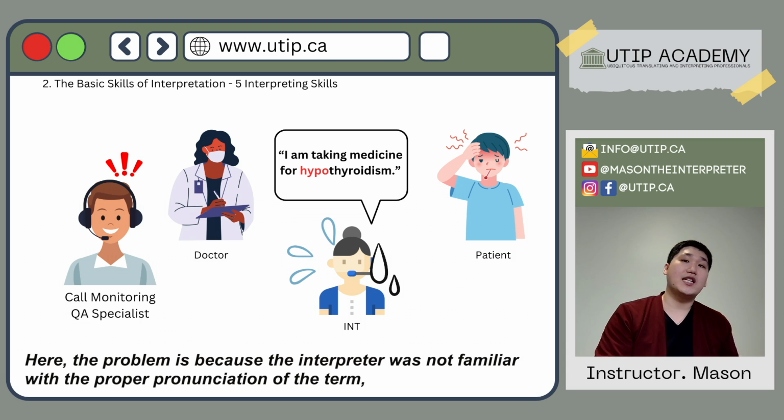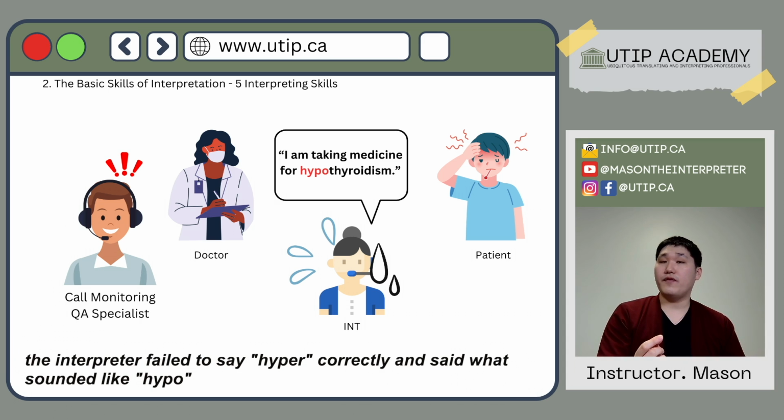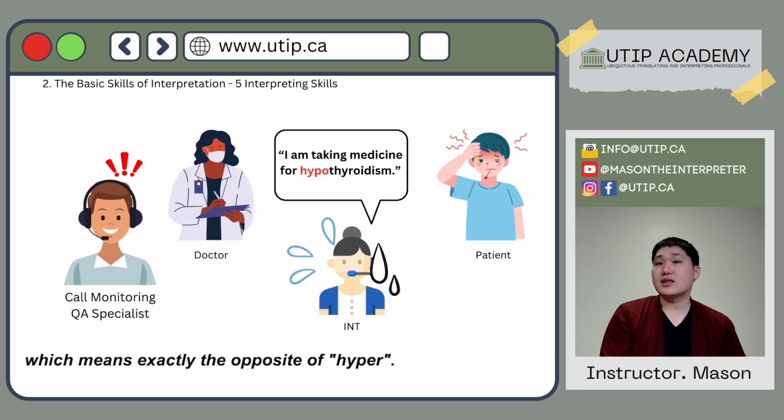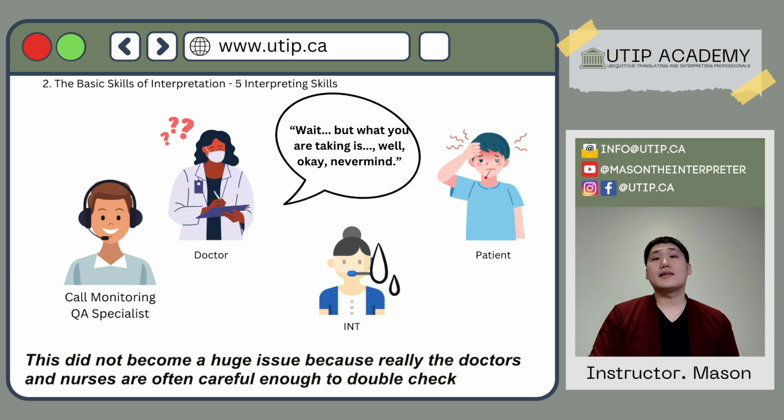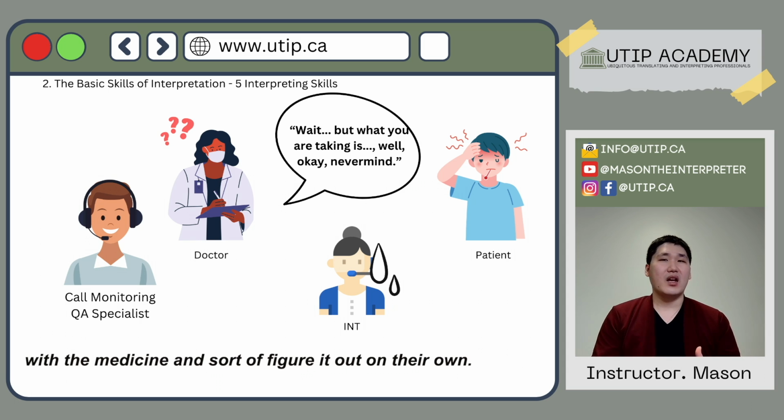Here, the problem is because the interpreter was not familiar with the proper pronunciation of the term, the interpreter failed to say hyper correctly and said what sounded like hypo, which means exactly the opposite of hyper. This did not become a huge issue because really the doctors and nurses are often careful enough to double check with the medicine and sort of figure it out on their own.